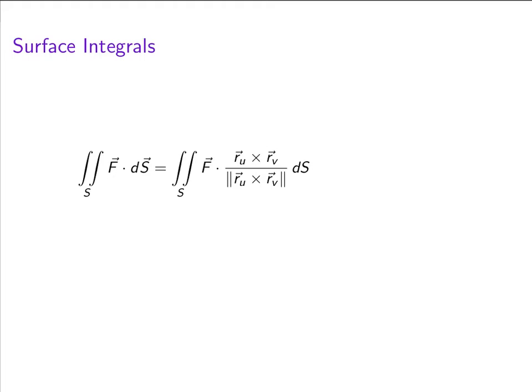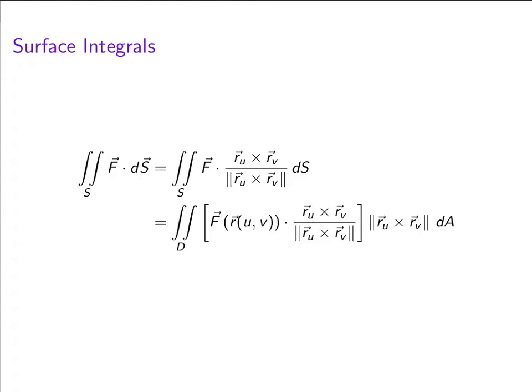Now we want to write down a formula for the surface integral of our vector field. We'll use the definition and replace this integral with a surface integral of a scalar field by saying that we'll integrate F dot n, and n is the vector that we just talked about.